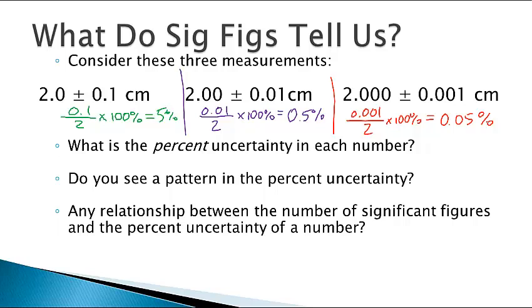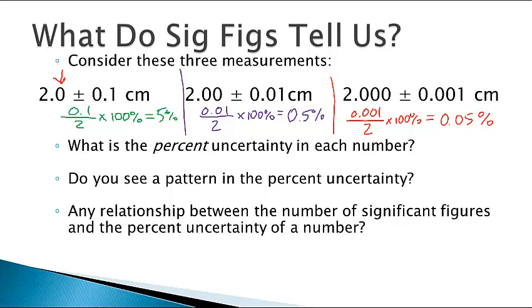So the question is, by convention, if I'm giving the error bar, do I need to write the zeros after the decimal place? So do I need this 0 right here if I'm giving the error bar? Because doesn't the error bar imply that it's 2.0? Maybe the error bar does imply that, but I'm still going to write it. Now, generally, what we're going to do in this class is we're going to write the number without the error bar. All right.